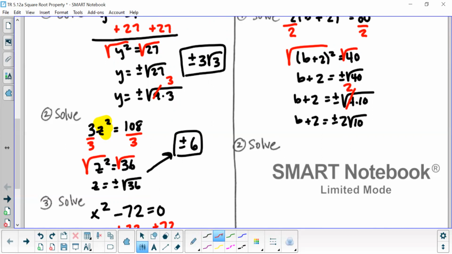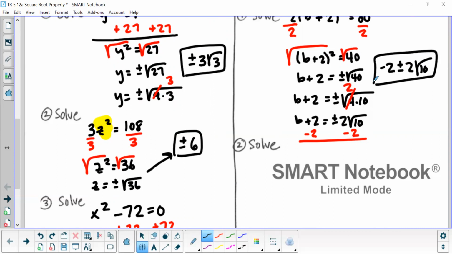And then the last thing I need to do is get the b by itself. So I subtract that 2. Right now it's a plus 2. I need to move it over by subtracting. And that minus 2 cannot combine with that radical on the right-hand side. They're not like terms. So my answer is just negative 2 plus or minus 2 radical 10.